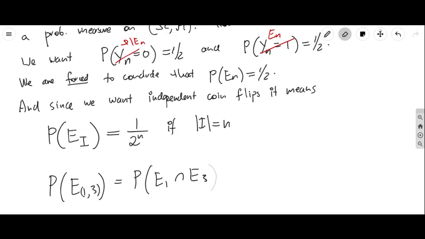That's what independence means. Independence means multiply. To summarize, let's say what we have. The sample space is the set of all binary sequences, and we're going to make our sequence index begin at 1 here.